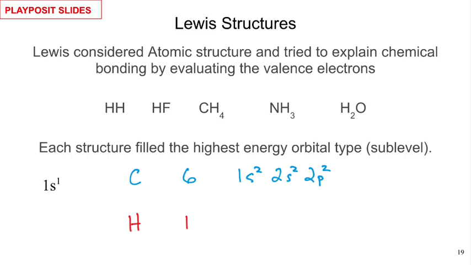We have 2 electrons in our second energy level, s-type. And then we have 2 electrons in our p-type orbital. Of those electrons, which ones do I care about? The outermost. What's the outermost? The valence electron. Awesome term.